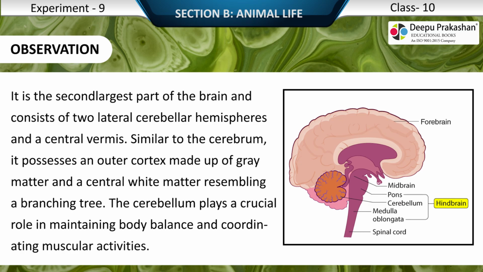It is the second largest part of the brain and consists of 2 lateral cerebellar hemispheres and a central vermis. Similar to the cerebrum, it possesses an outer cortex made up of gray matter and a central white matter resembling a branching tree. The cerebellum plays a crucial role in maintaining body balance and coordinating muscular activities.